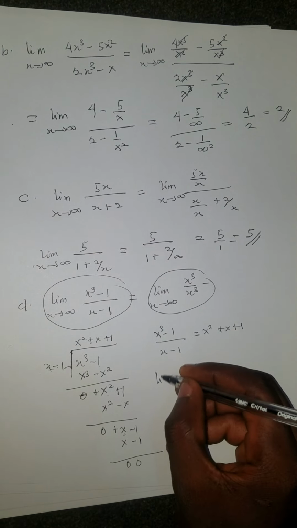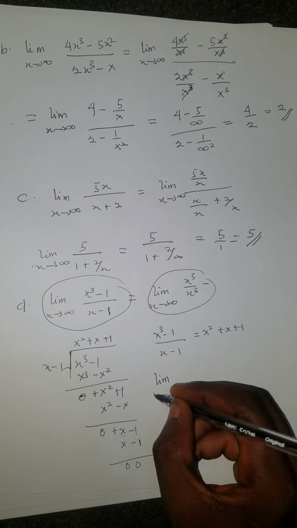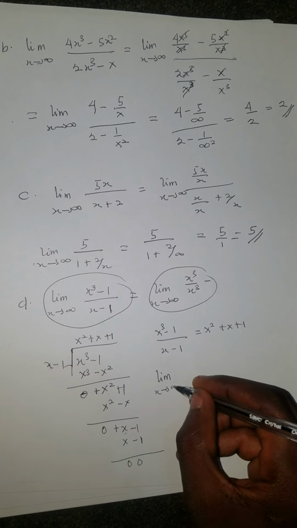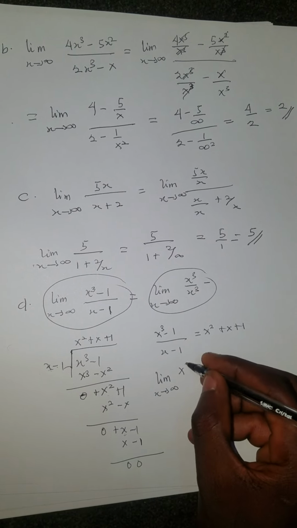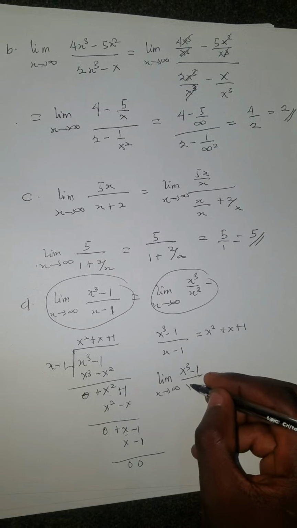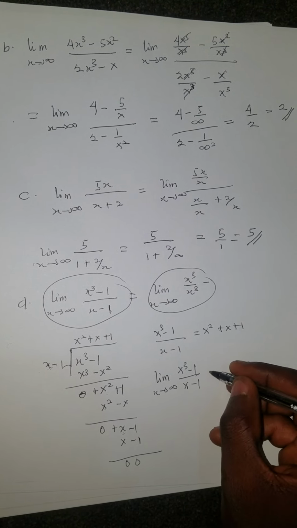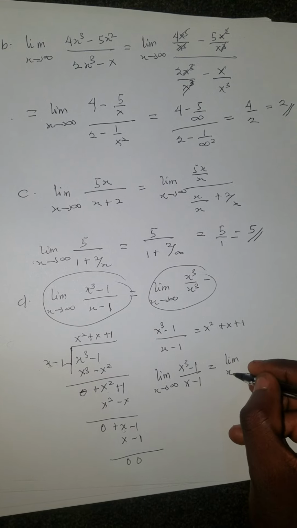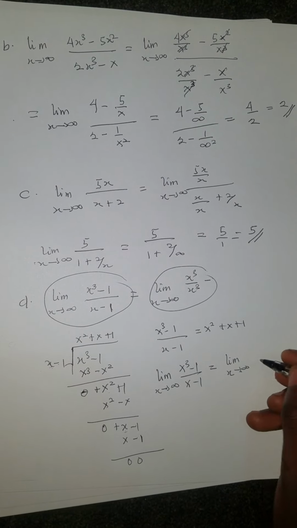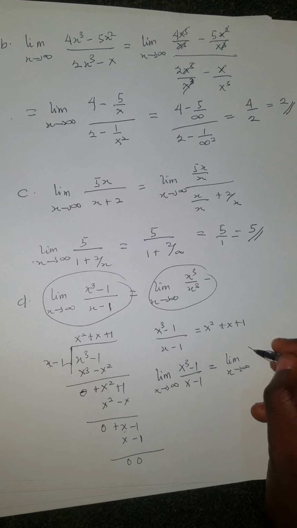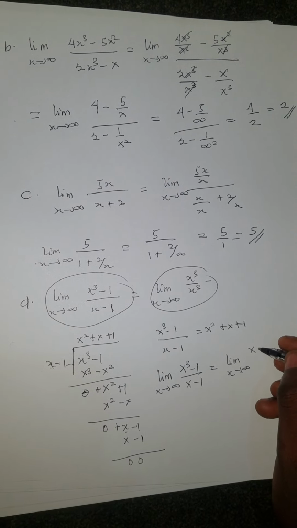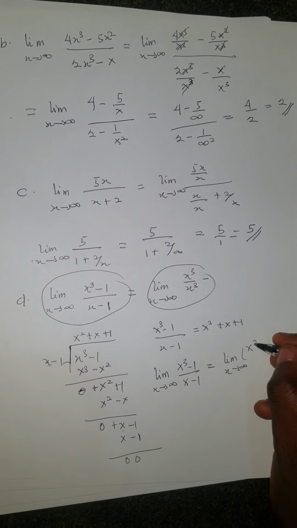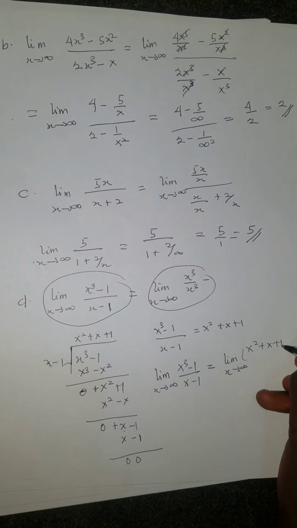So having the limit where x is approaching infinity of x cube minus 1 all over x minus 1, it can now be written as the limit where x approaches infinity of x squared plus x plus 1.